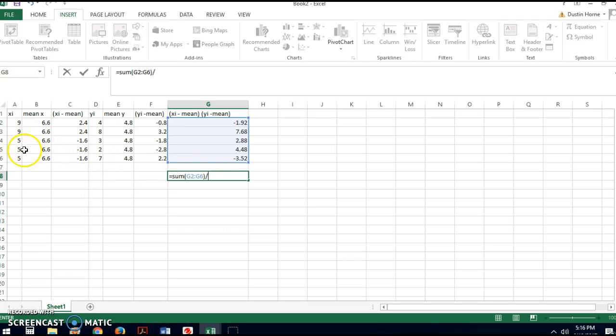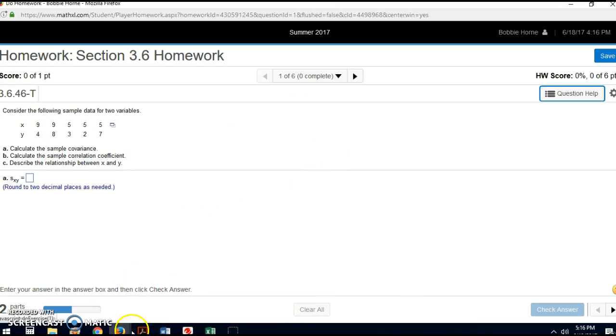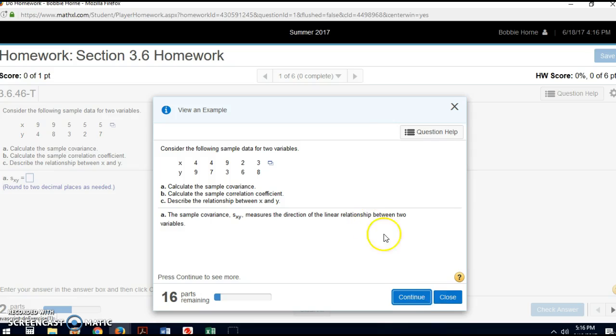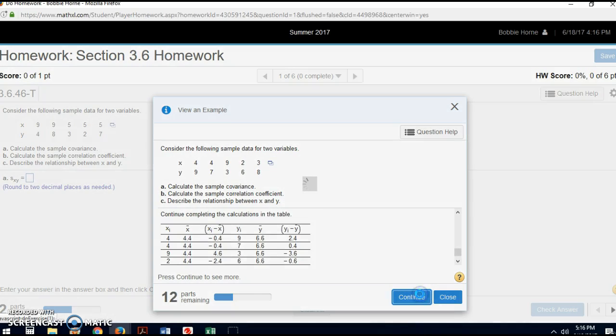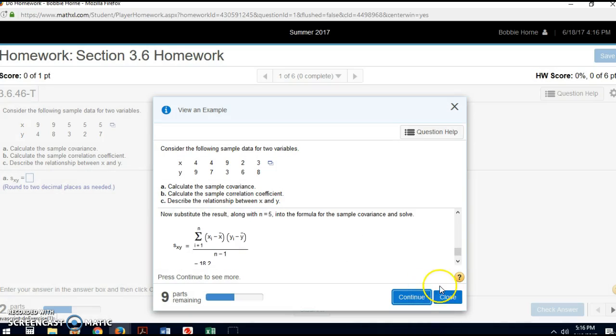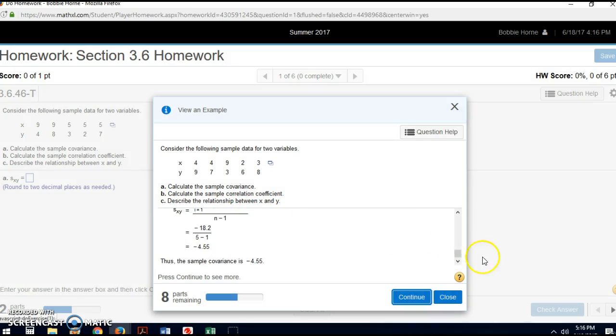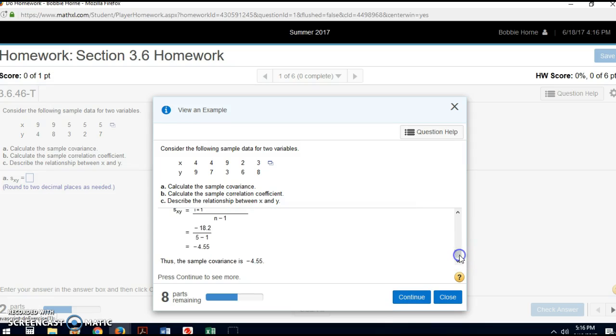Well, we have 1, 2, 3, 4, 5, and if you look, I may have clicked off of our view an example, but let me show you real quick. This view example is really good if you ever get stuck and you just need a little step-by-step guide. If you look at your n divided by n minus 1, n is the number.